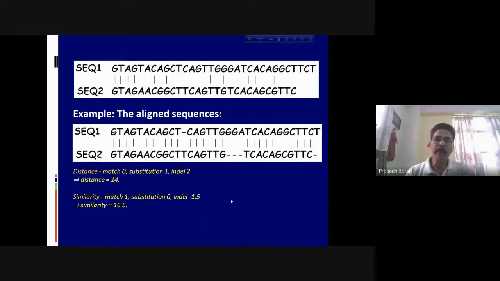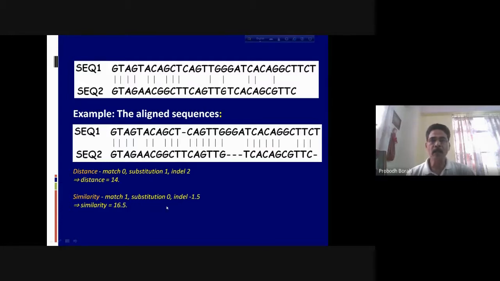But the scoring matrix should take into account all the evolutionary events that can happen, which can deviate one sequence from the other, how variations occur between sequences, and therefore this cannot be so simple as we have taken here for an example.